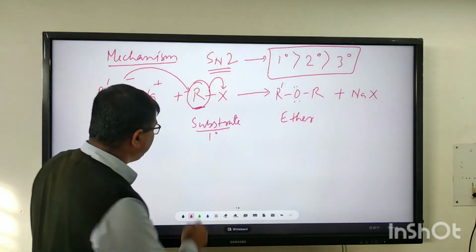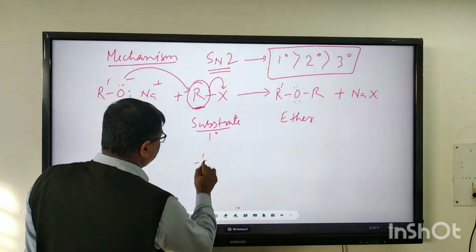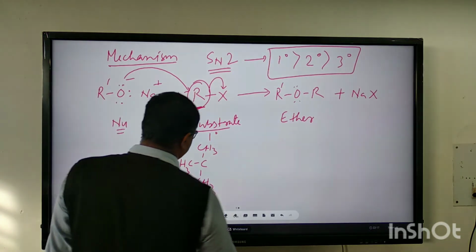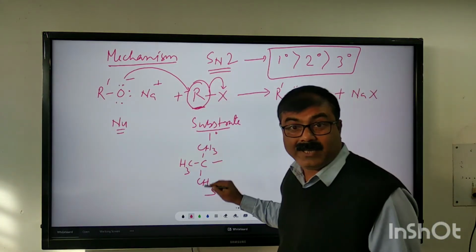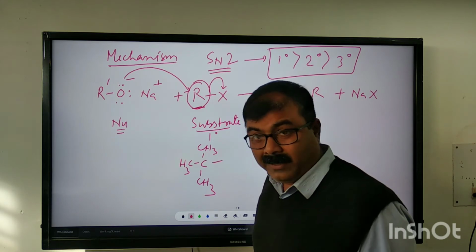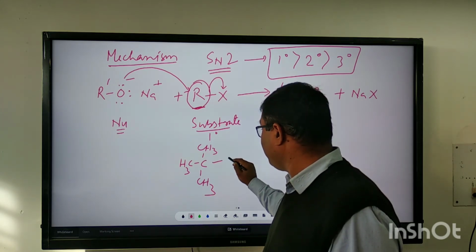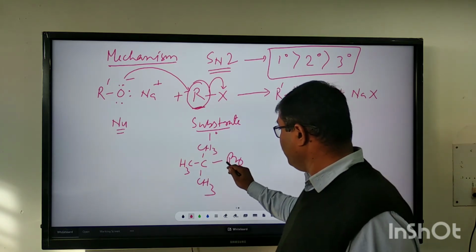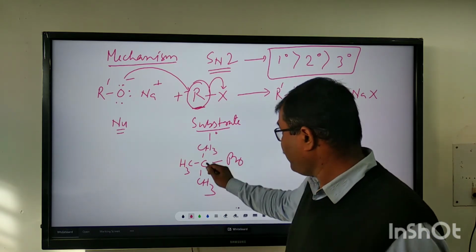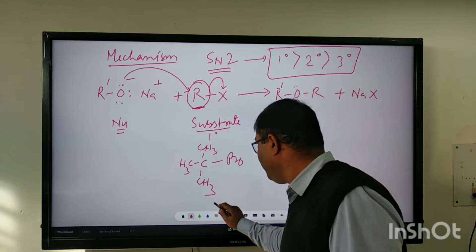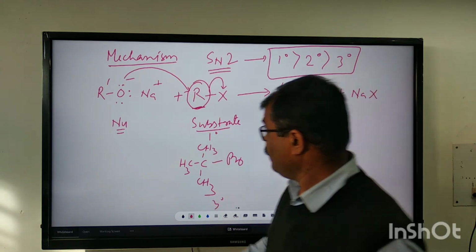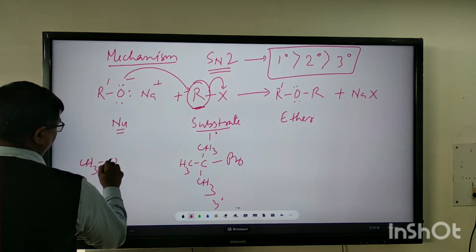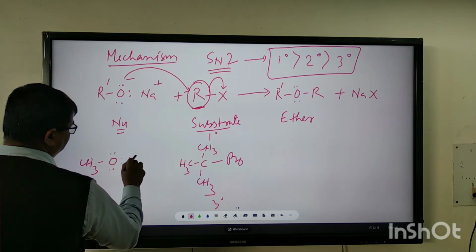In place of R, suppose I take tertiary butyl group, this is a 3 degree alkyl group. So the alkyl halide will be a 3 degree alkyl halide, tertiary butyl bromide. Alright. Let us take suppose CH3ONa, sodium alkoxide.